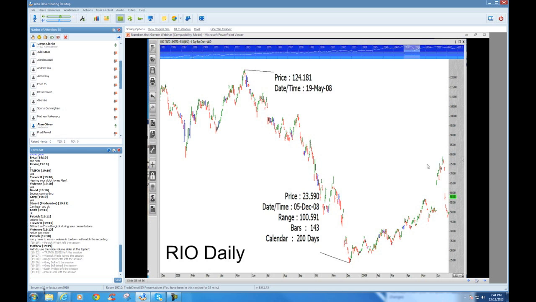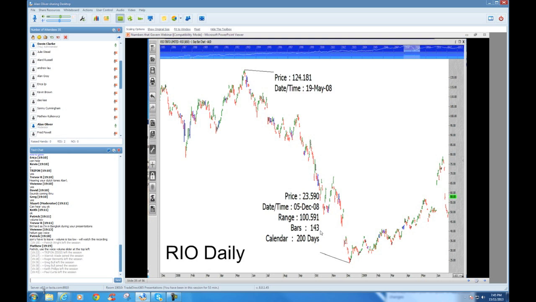Now that represents a 400% increase in the price of the stock after it's done a 143-day count from top to bottom. So hopefully now we can see that it is well and truly worth following these numbers to see when they can create a change of trend or a change of direction.